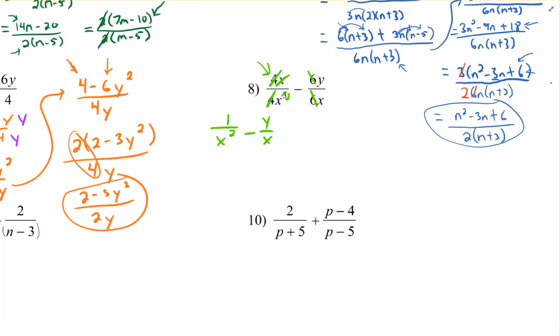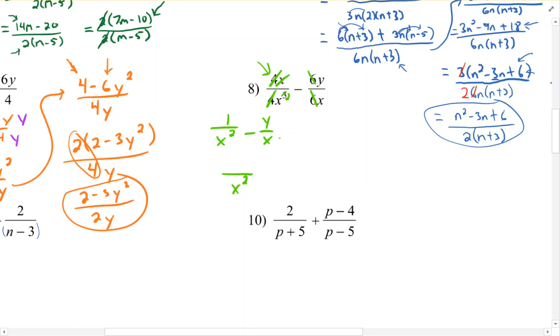Now, a common denominator between x squared and x is going to be x squared. They both go into x squared. So I'm going to make this all over x squared. That's going to be my denominator. Now, what did I need to multiply x squared by to get x squared? Well, 1, or nothing. So I don't have to change the left term at all.